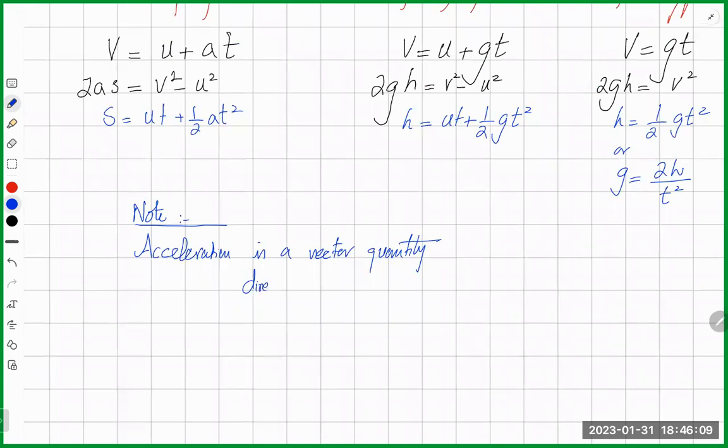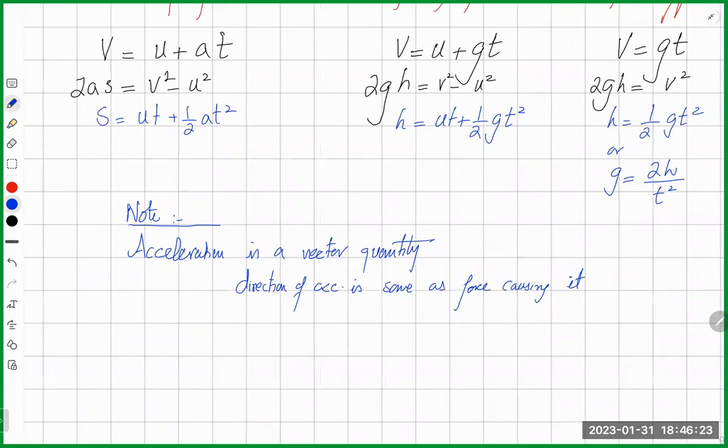The direction of acceleration is the same as the force causing it. So acceleration due to gravity is always downwards.